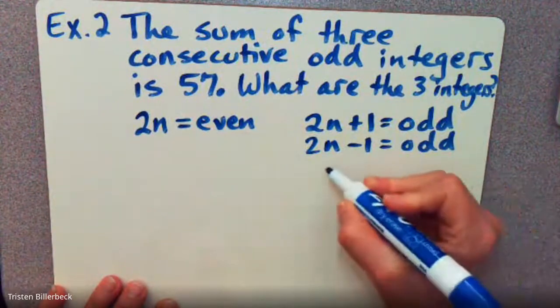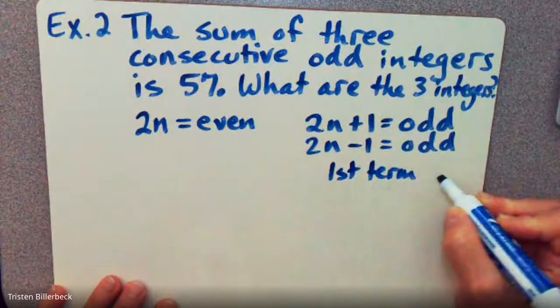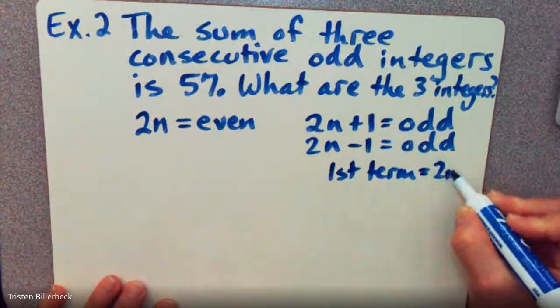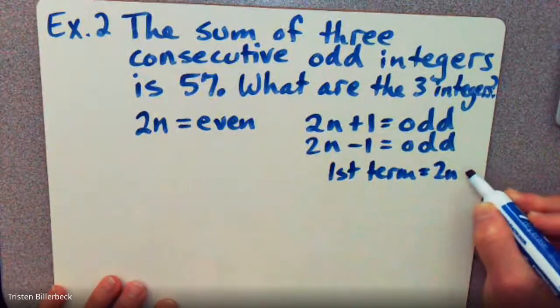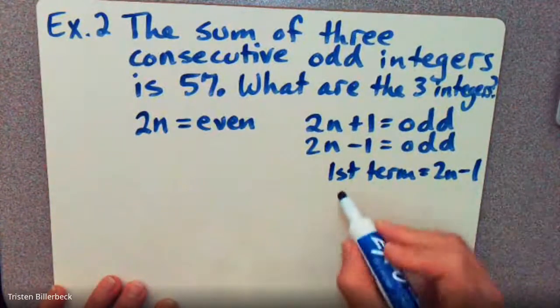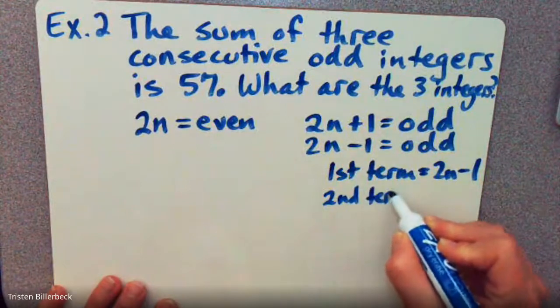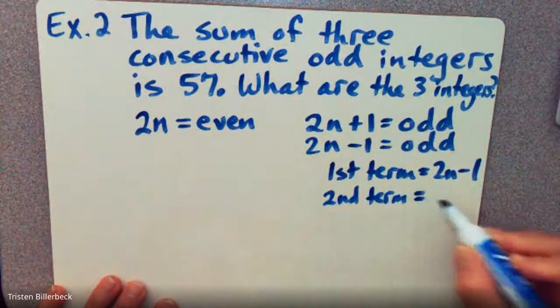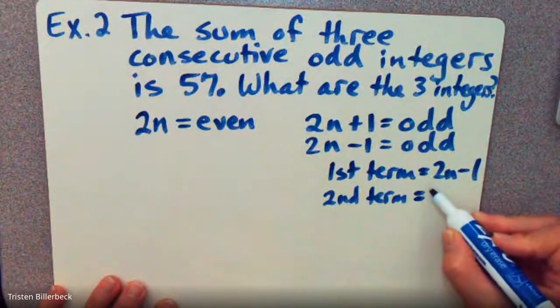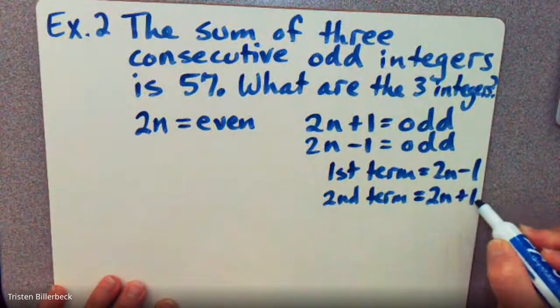So if we say our first term is going to be 2n, and let's just do -1 to get it started. Okay, and second term, we're going to add 2 because odd numbers are 2 apart. So when we add 2 to -1, we get +1.